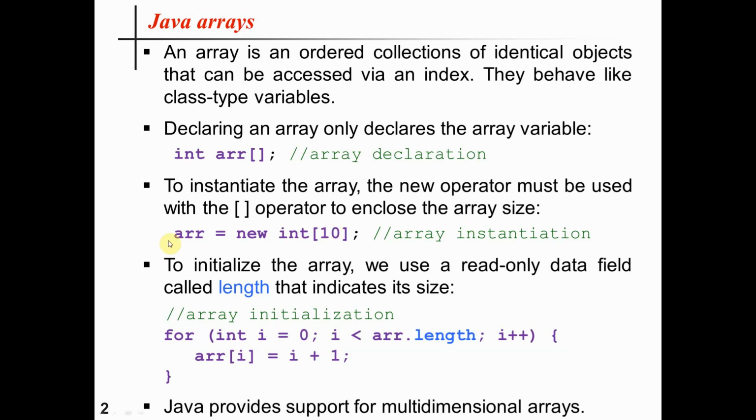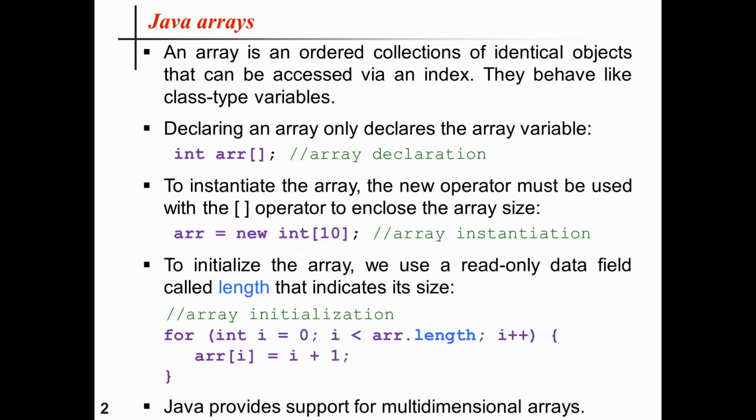So now after declaring the array, to instantiate it, I will be writing here the name of the array, then the assignment operator, new, that will be creating space in the memory, followed by the type of the array and the size of the array within the square brackets. So in that way the array can be instantiated after the declaration has been done.